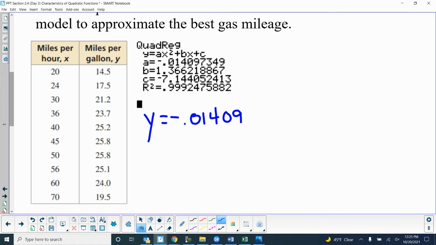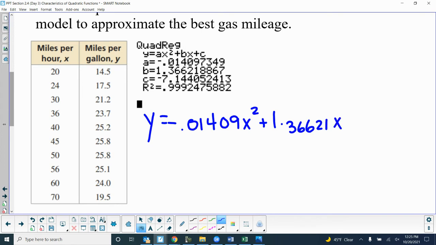There's 5 of them. And that's our x squared. That's our a value. So which way does it open since it's negative? Down, right? And then plus, because it's a positive b, 1.36621. That's your x. And then minus your c, 7.14405. Okay?